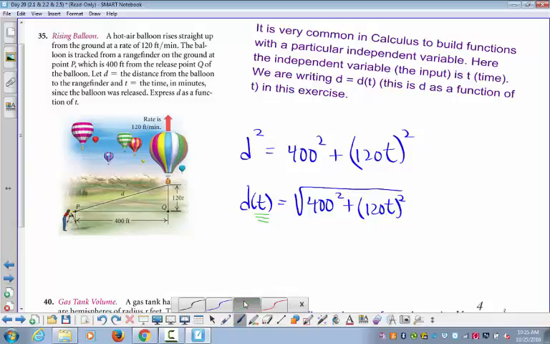Do you have to put it? No. Like right there, it's obvious that the independent variable is t, so you could put it or you could leave it off. It just depends on the context. But we've now written d as a function of t, and we can simplify that. I don't care about that right now. But the important thing is that conceptually, you're now thinking that d changes as t changes. t is independent, and as it's moving around, d is moving around. So we're writing d as a function of t there.